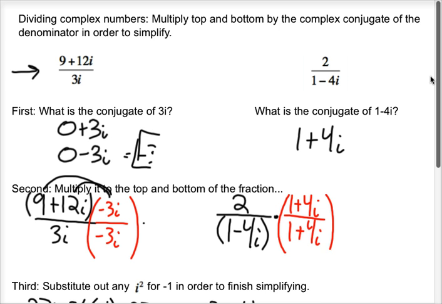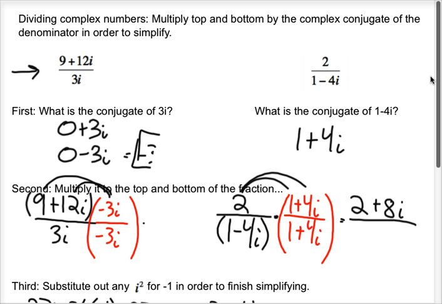We're going to multiply by the same thing, top and bottom. So along the top, pretty simple. That's just distributing. 2 times 1 is 2. 2 times 4i is 8i.